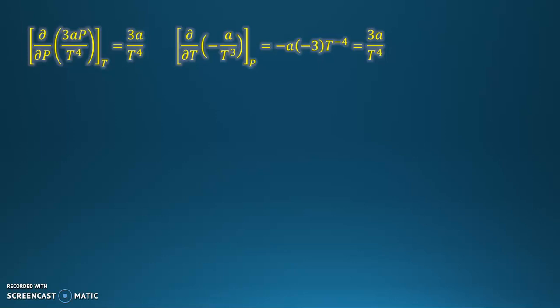If we derive that expression, minus 3 comes in here multiplying and the power decreases just in 1 unit. So in here we had minus 3 minus 1, it's minus 4. Minus and minus is positive, so we have 3a times t to the minus 4, but that could be translated in the denominator with positive power.